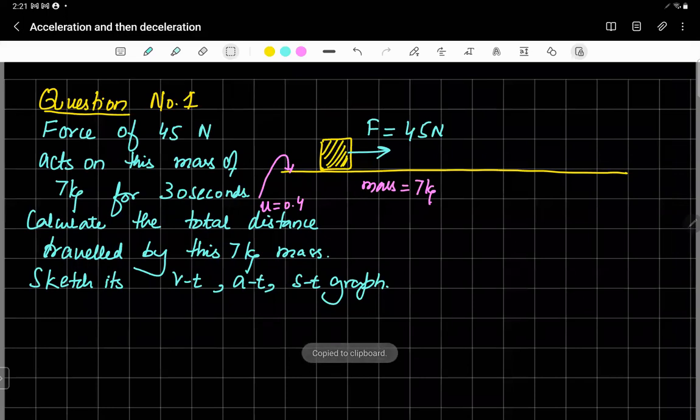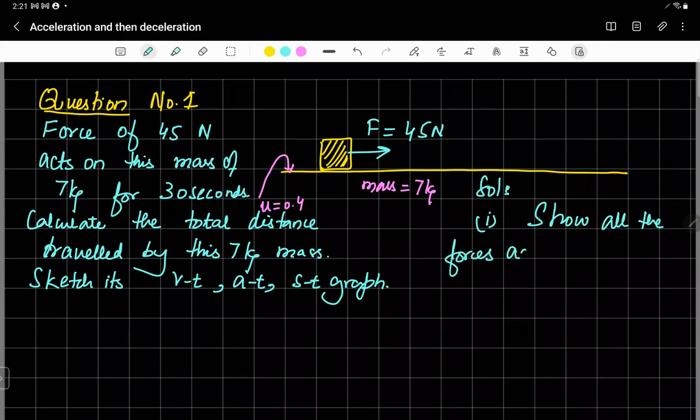Okay. Step number 1 is to show all the forces acting on this object. We are starting our solution from here.